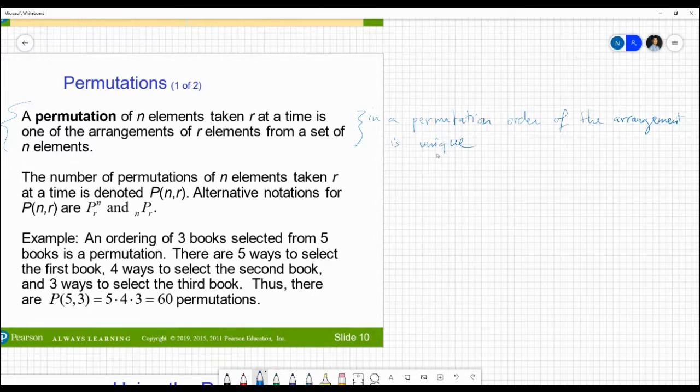In a permutation, the order of the arrangement is unique. That means it matters whether it's in an order or not.